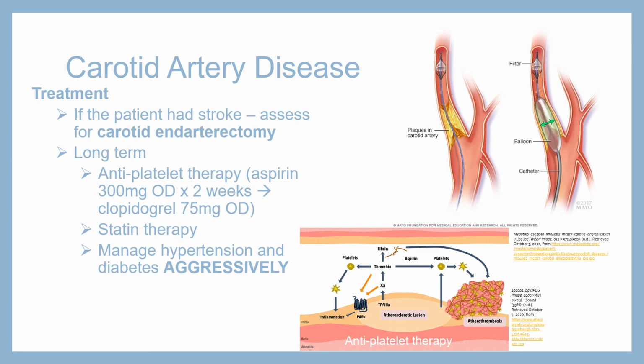Antiplatelet therapy that includes aspirin 300 milligrams once a day for 2 weeks, after which you switch to clopidogrel 75 milligrams once a day. We can also initiate statin therapy to hopefully decrease the amount of LDL in the blood, and also manage hypertension and diabetes aggressively. So a strict control of the blood glucose level as well as the blood pressure.